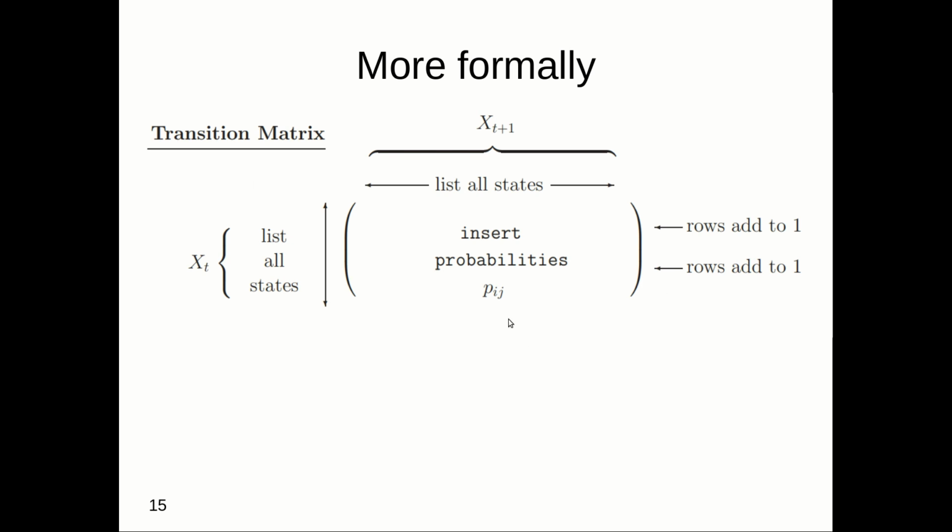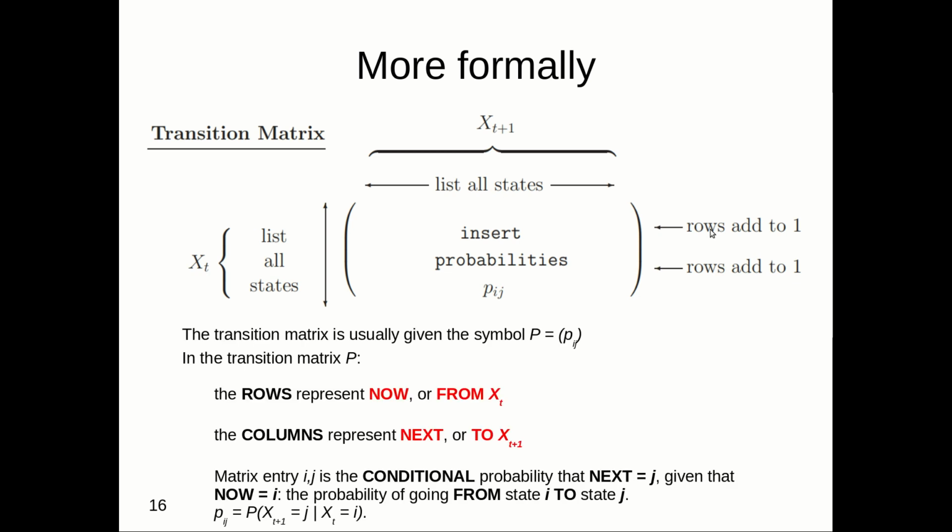More formally, along the rows and along the columns, we list all the states. And in the matrix, we insert the probabilities P_ij, the transition probabilities from going to state i to state j. An important thing here is that rows actually need to add to 1.